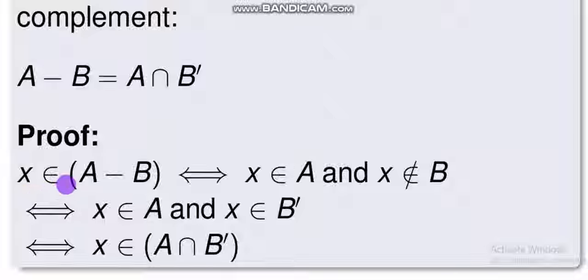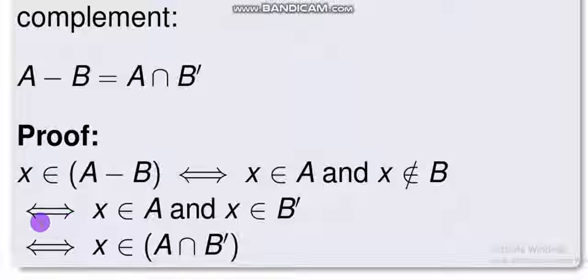Now X is an element of the set A minus B if and only if X is an element of A, meaning it is found in A, and X is not found in B. So if X is not found in B, it means X is found in B complement, right? Definitely it is found in B complement.